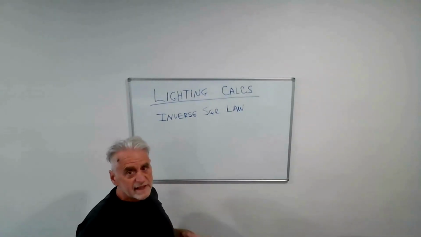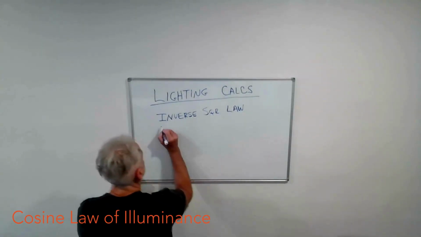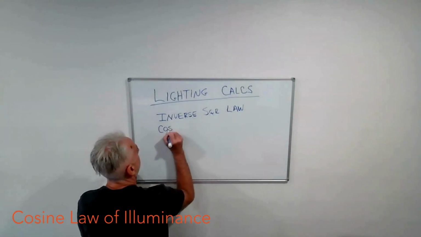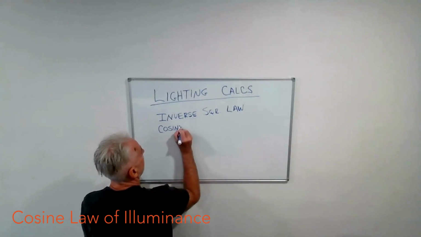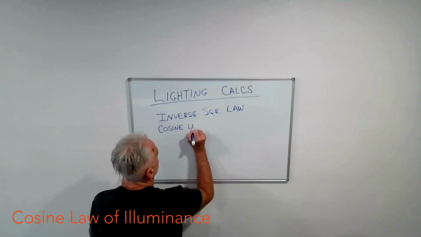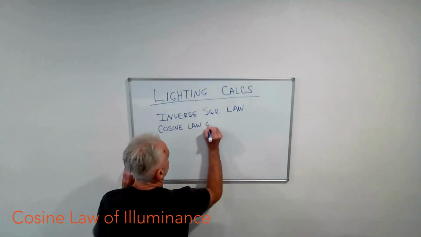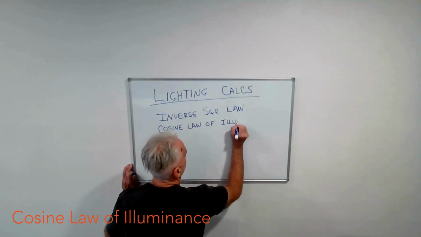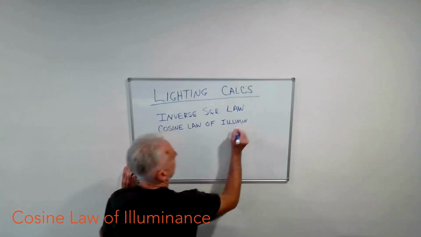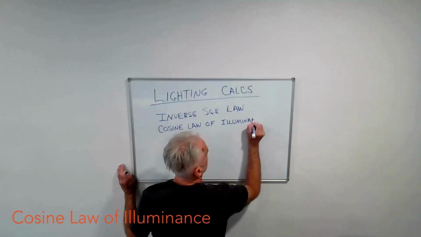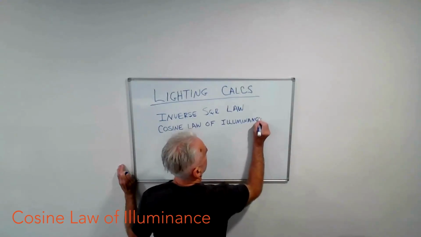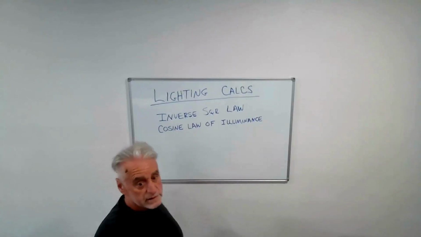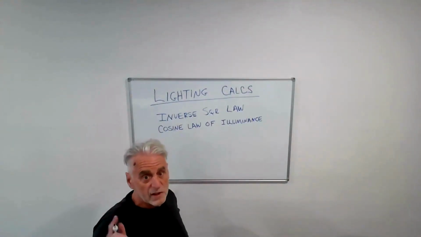The second one is the cosine law of luminance. And these two are tied together very nicely. We typically, as architects, are not good spellers. The third is the Lumen method.